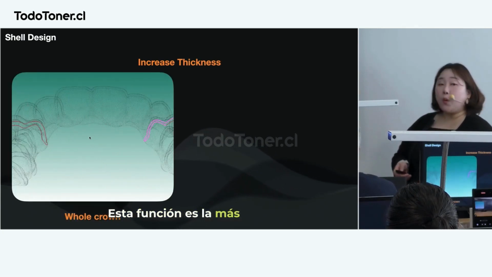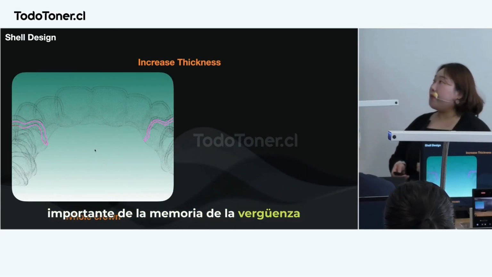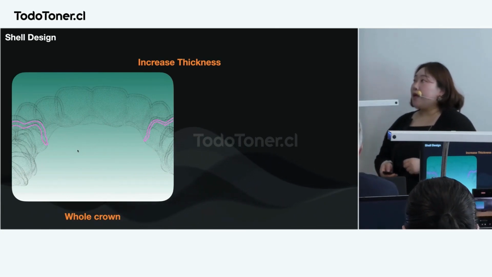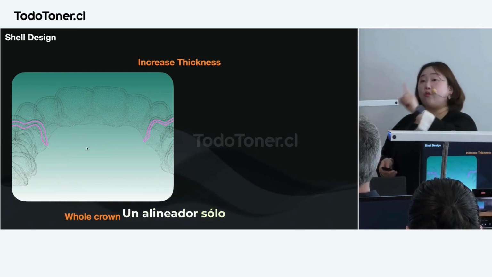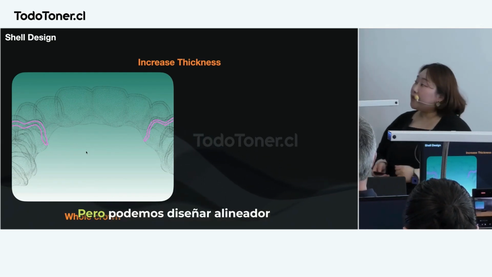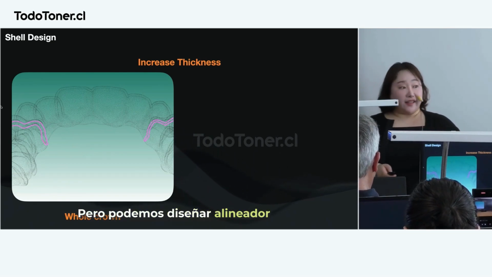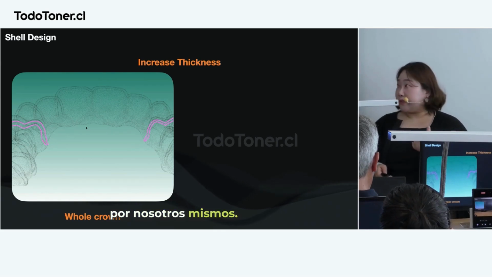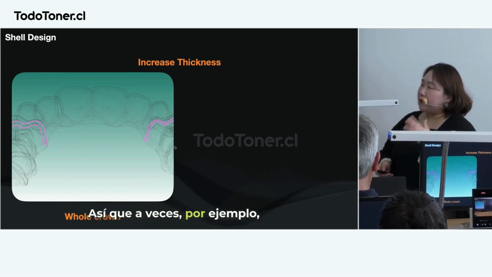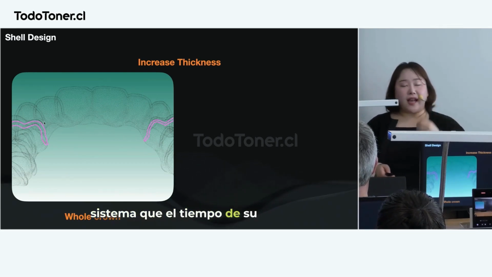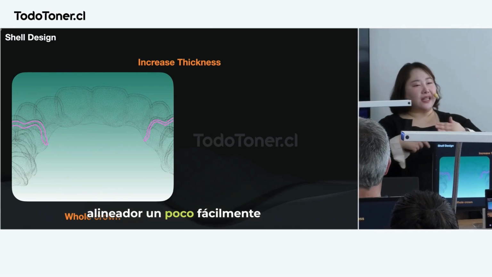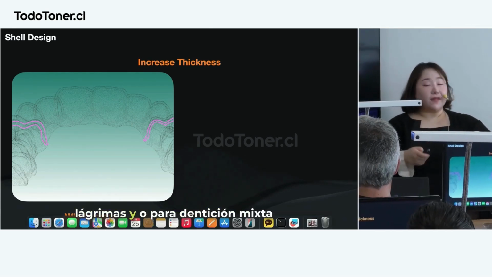This function is the most important of the shape memory aligner system. In a thermoforming aligner system, one aligner has just one thickness. But we can design the aligner by ourselves. For example, if your patient has bruxism, at that time your aligner tears a little more easily.